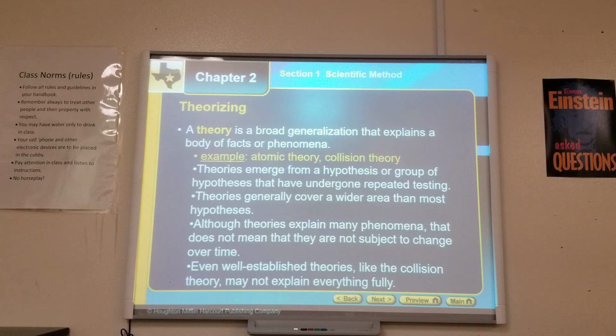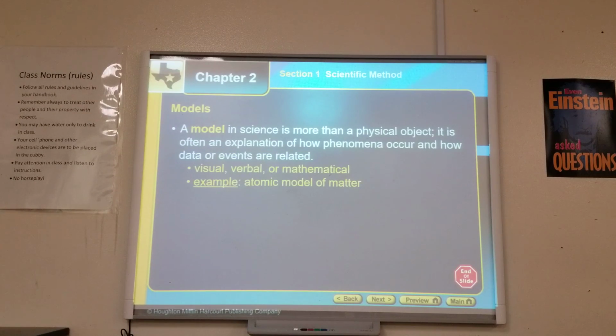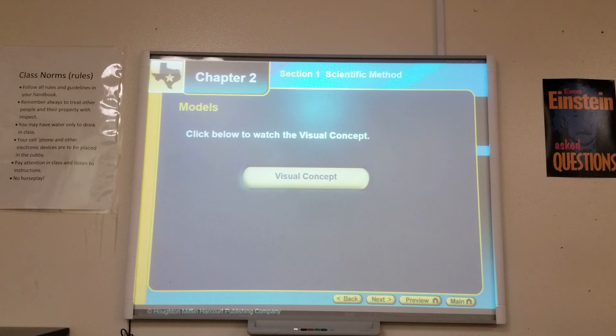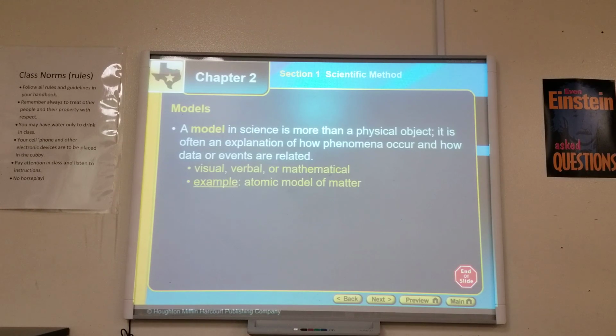Okay, so just real quick, theory is one of your vocab words, so you don't need to write that down, but it's just a broad generalization. Underneath, it gives you a few examples of theories, but usually they cover a wider area than hypotheses. But again, you already have the definition for theory in your vocabulary. Okay, also, we already have model.